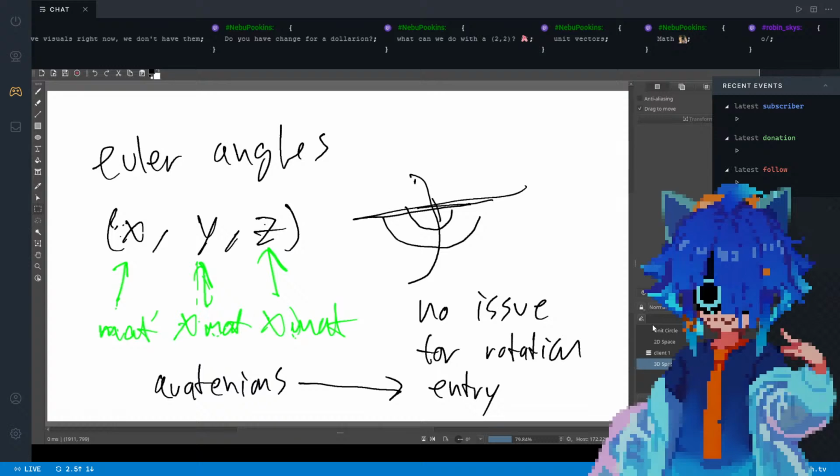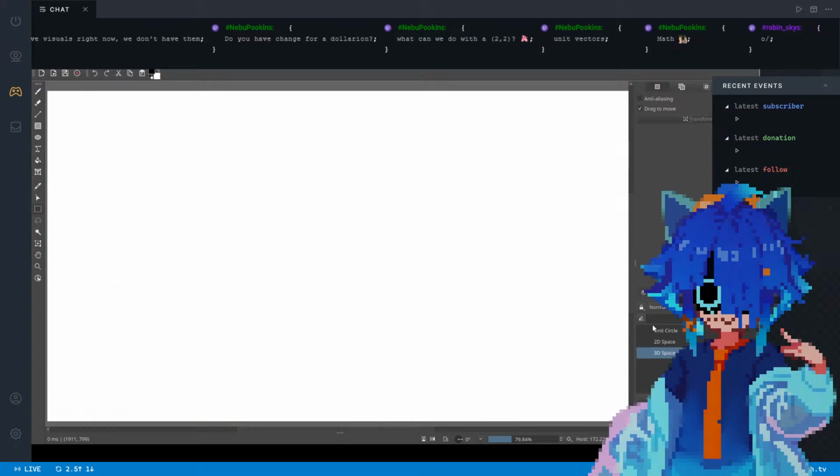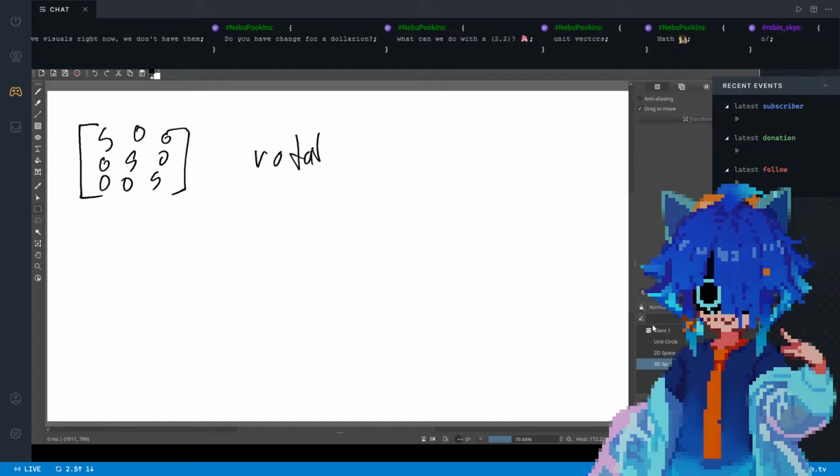So the last thing to talk about today is another type of matrix. So we've seen how to write a scale matrix. So scale, scale, scale with extra zeros. We've seen how to create rotation matrices.